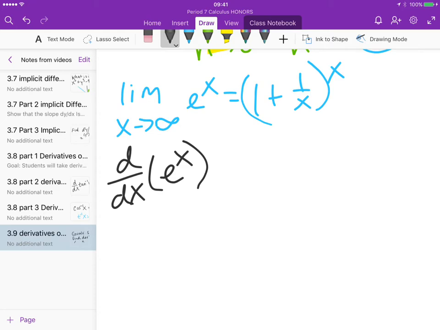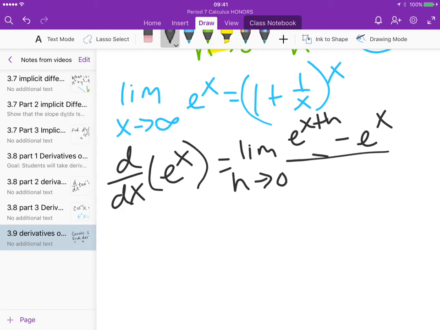The derivative of e to the x is the limit as h approaches 0 of e to the x plus h, that's whatever the change in x was, minus the original function e to the x, over the change in h.